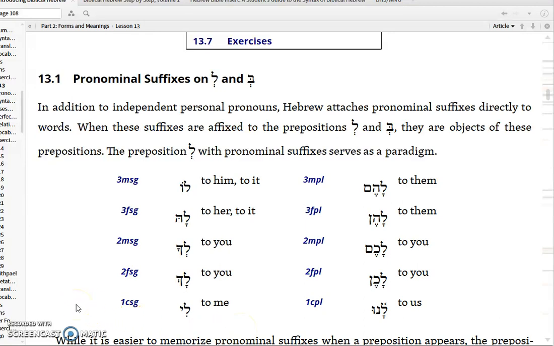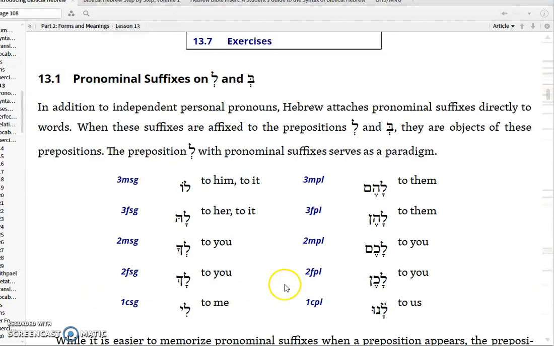In addition to the independent personal pronouns that we've already introduced, Hebrew will also attach pronouns directly to words, though it will be in a form that's rather different than the form that you would see in the independent personal pronouns.